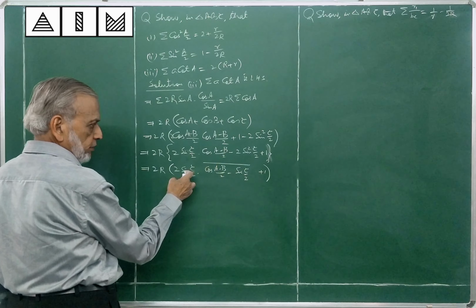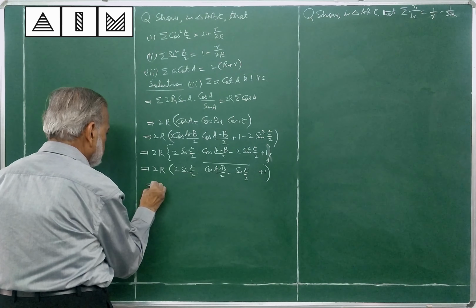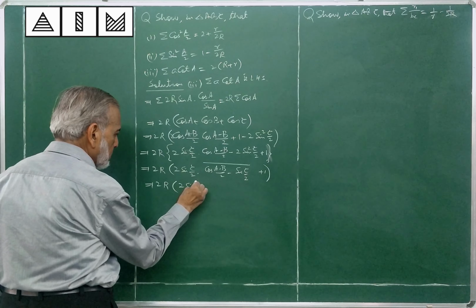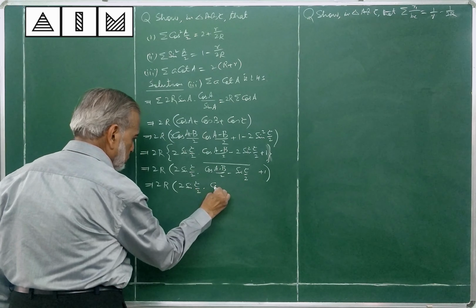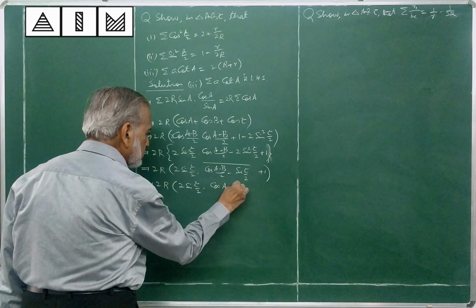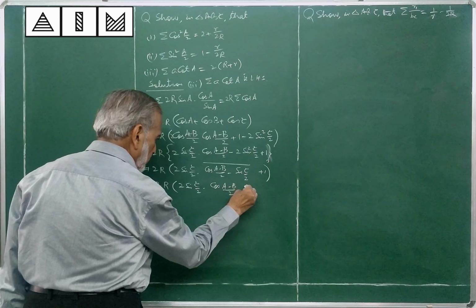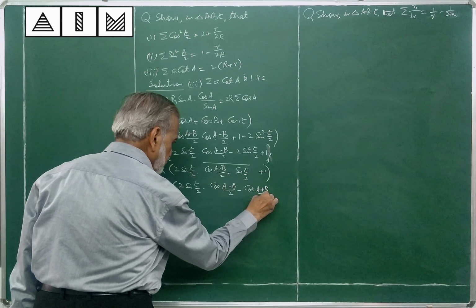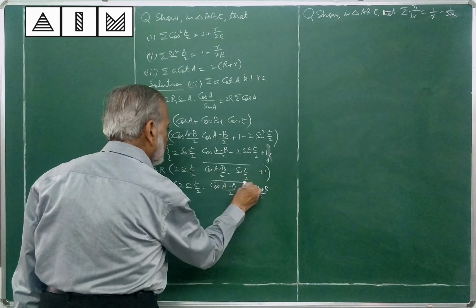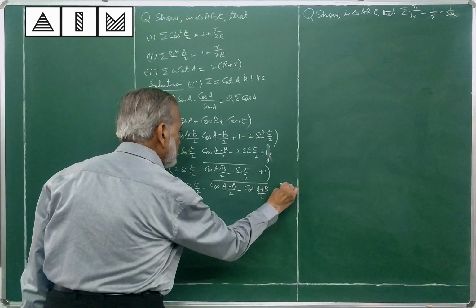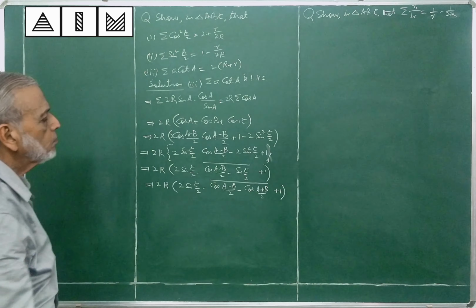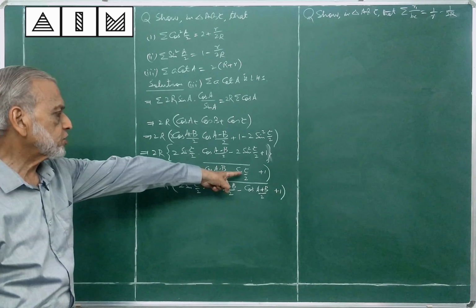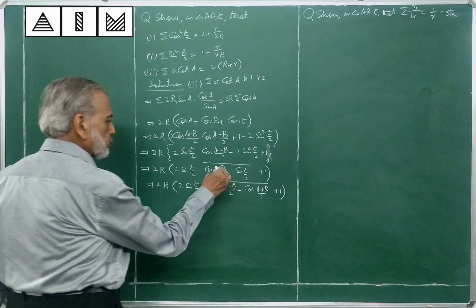Proceed. Cos A minus B by 2 minus cos A plus B by 2, for sin C by 2: sin C by 2 as it is, cos A minus B by 2 minus sin C by 2 as cos A plus B by 2.